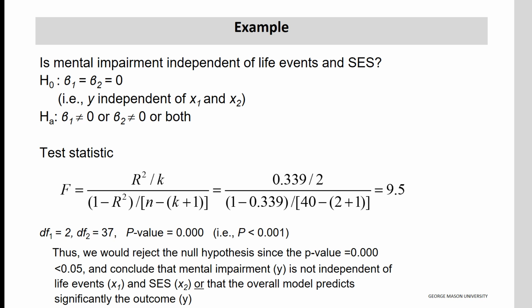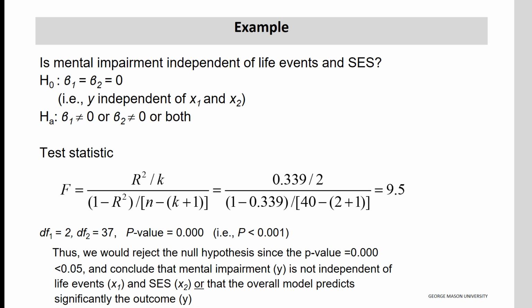or both do not equal 0. To test this, we use again the F test that we covered just a few minutes ago. And when we calculate the F test based on the sample data, we have a value of 9.5. And this value of 9.5 for an F test yields a p-value of 0.001. It's a very small p-value.